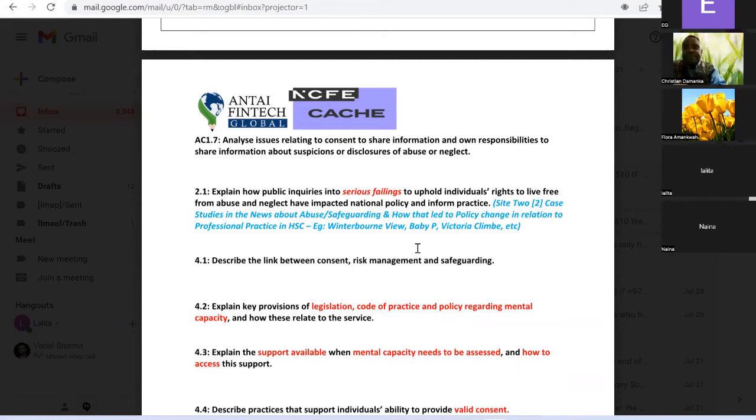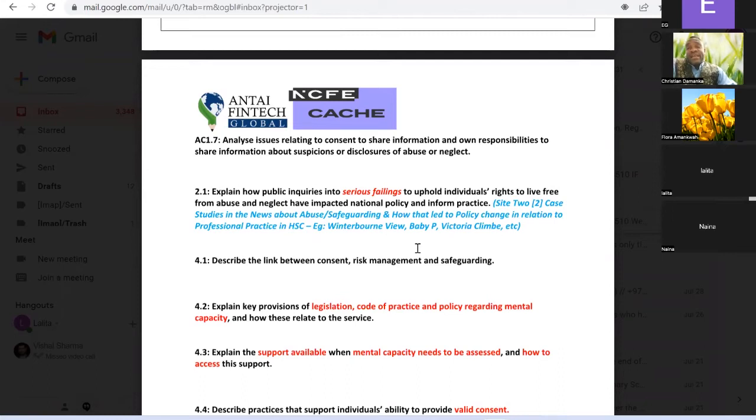Then we have Victoria Climbié. Victoria Climbié was the East African child whose auntie brought her to the United Kingdom from France, I think. And they lived here. According to the story, if you read very carefully, the auntie said there was a suspicion that the child had witchcraft, and the child was taken through some very inhumane treatment, and a lot of abuse, and different things happened.